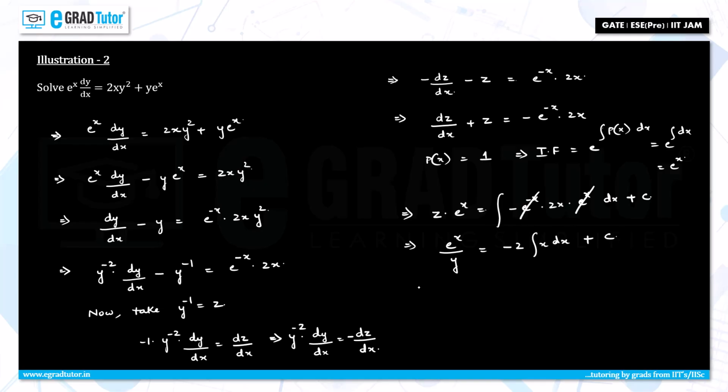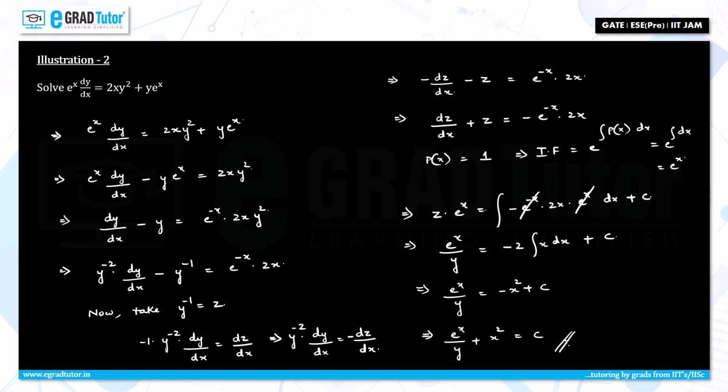So e^x by y is equal to -x^2 + c. This is e^x by y + x^2 is equal to constant. This is the general solution.